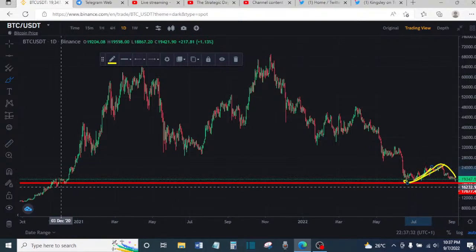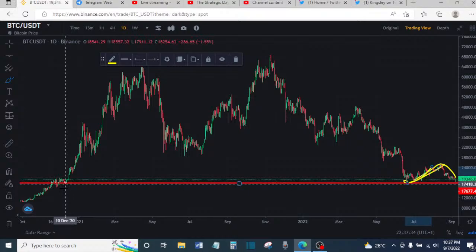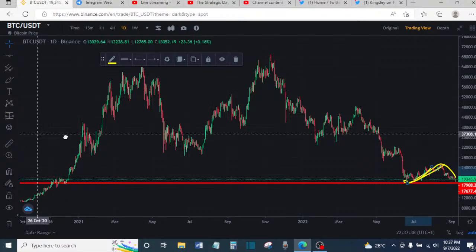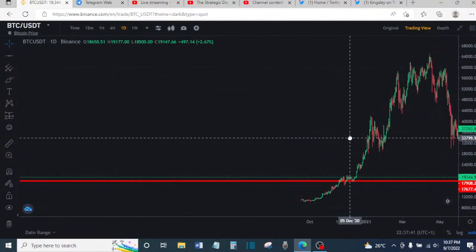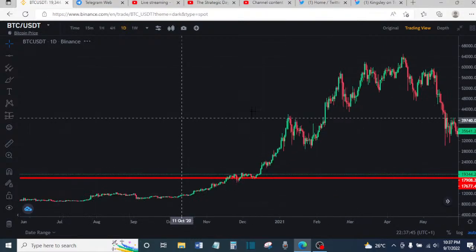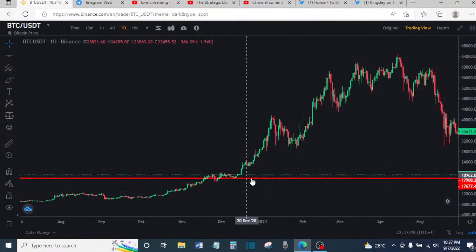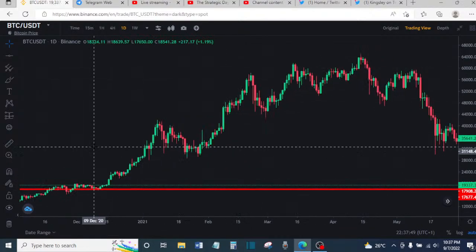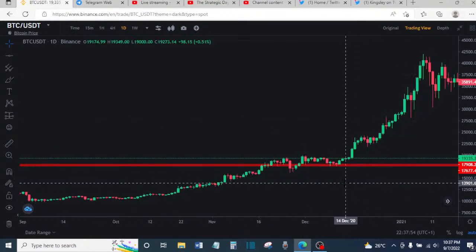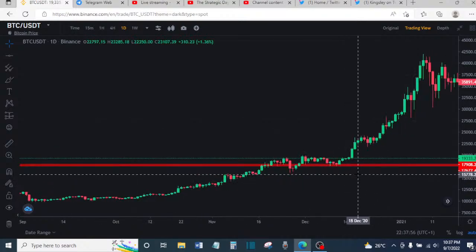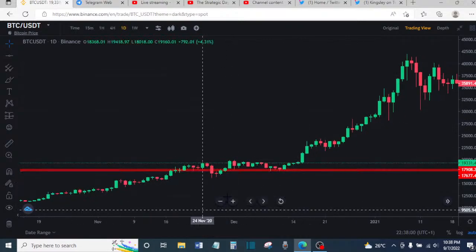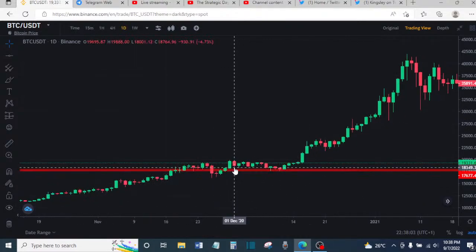It is because of what was there. So we're going to zoom into that area. When you zoom into that area, on the first line we have a rejection here.